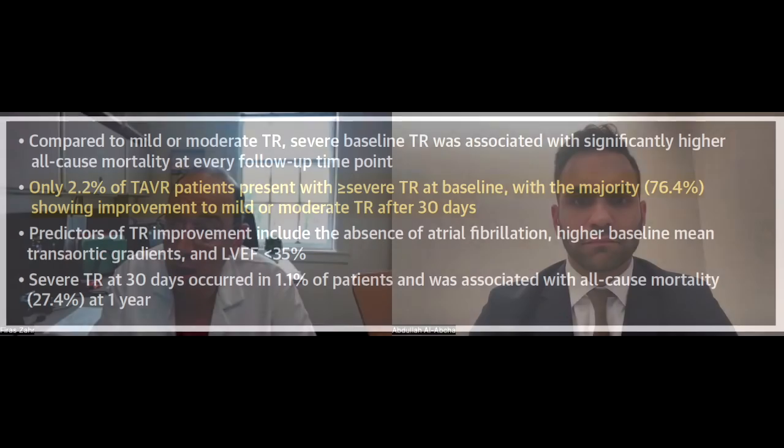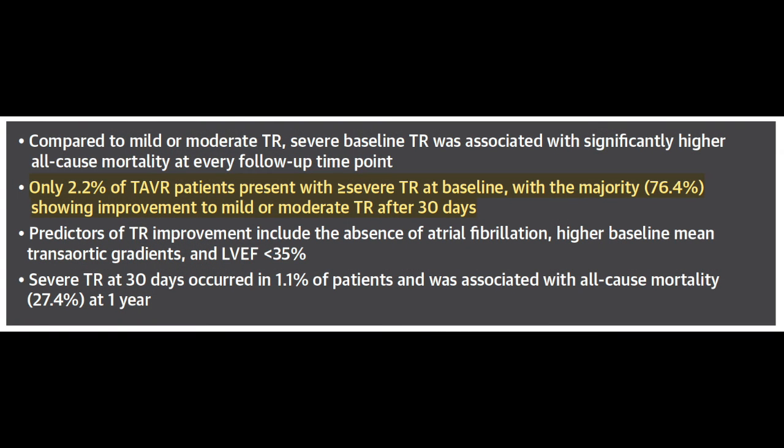So for those who have mild MR, moderate MR, severe TR increases their mortality. So it is independent of the degree of MR. But what we've also found is that those who have MR because of loading condition, their MR improved after TAVR, obviously, but their TR improved after TAVR as well. And the majority of the TR in our cohort actually improved after TAVR.